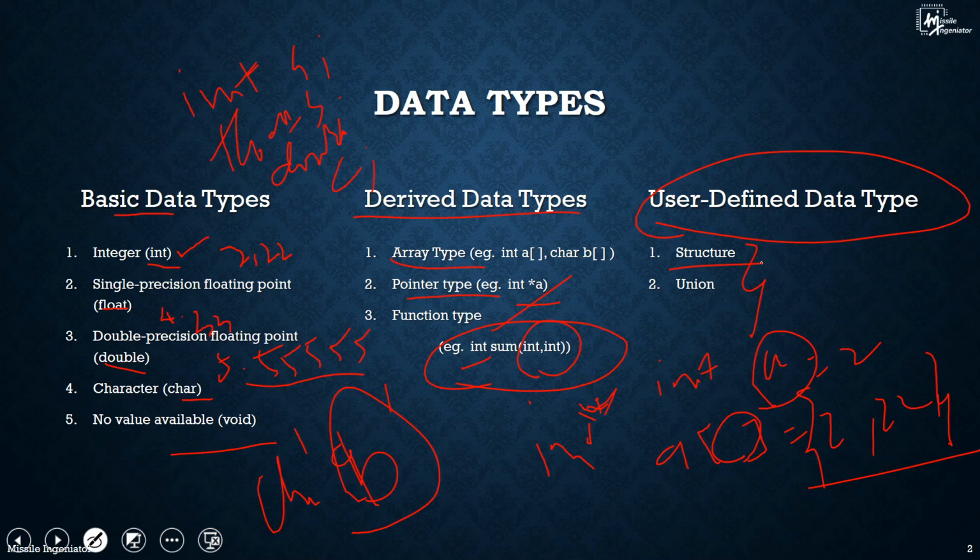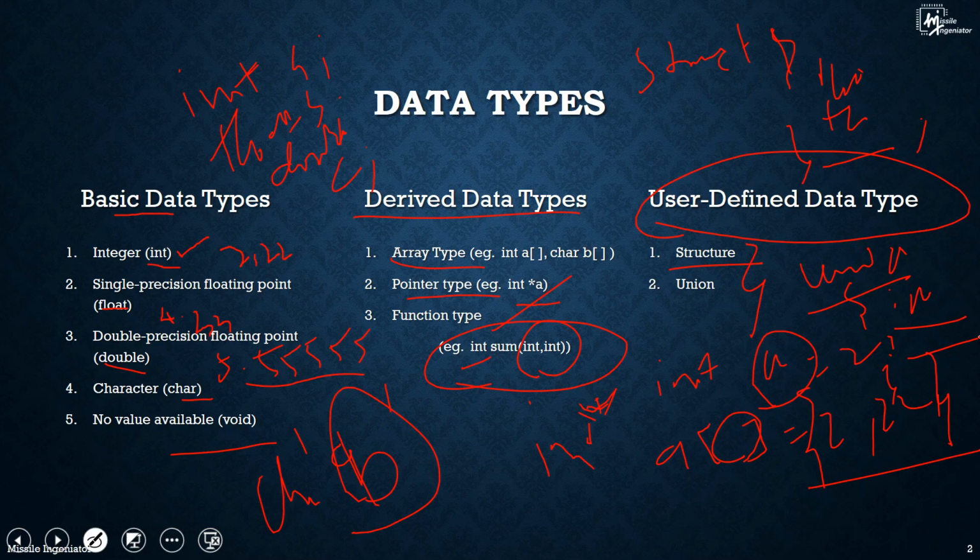You declare a structure with the struct keyword, and then you give integer, float, everything. Union also does the same thing and includes int and float, but union allocates the same memory to all the data types. This is the difference between structure and union.